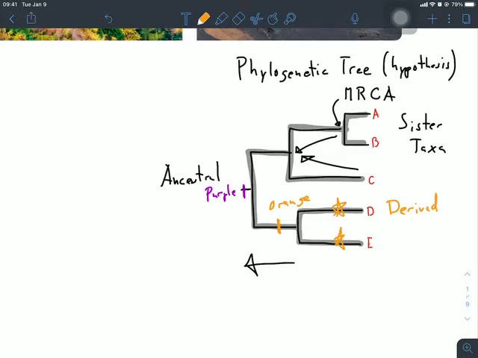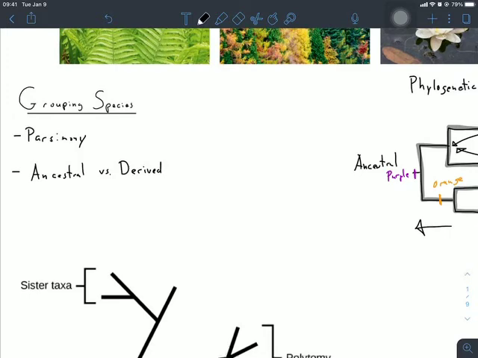It has changed from when I first took biology to now when I'm teaching biology. The tree of life changes a lot as we continue to accumulate more and more evidence. So hopefully that makes sense of our terms of ancestral versus derived and parsimony.